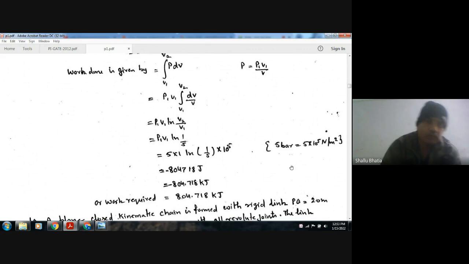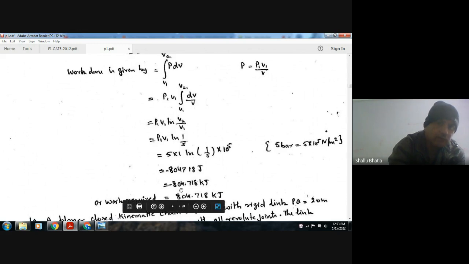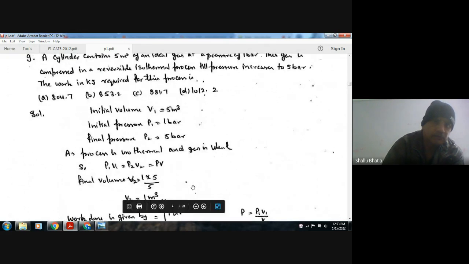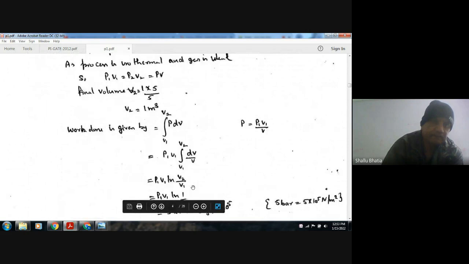Putting P equal to P1 V1 by V, it will be P1 V1 ln(V2 by V1). So the value will be 804.718 kilojoule of work required, so the answer is A.